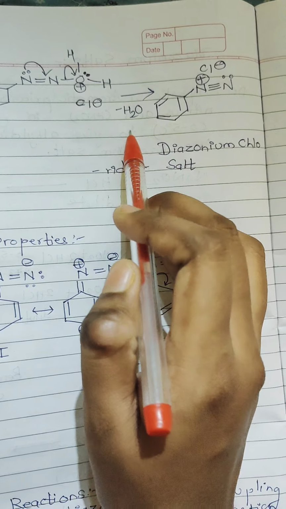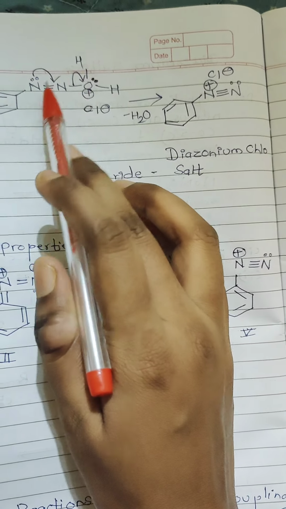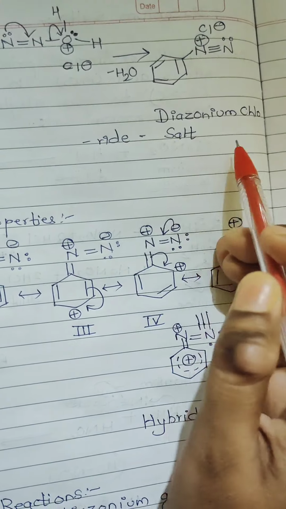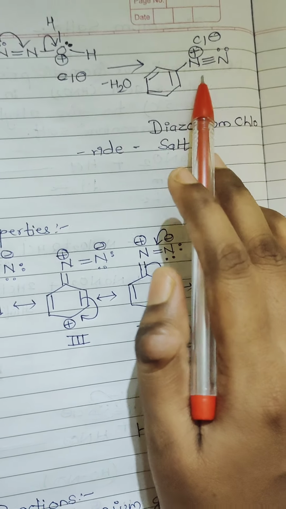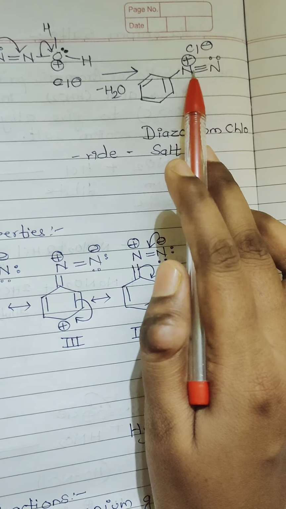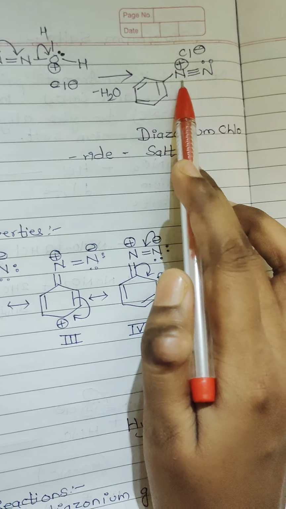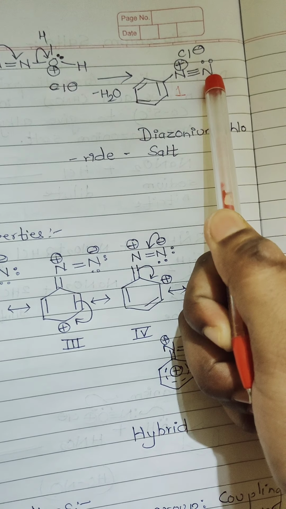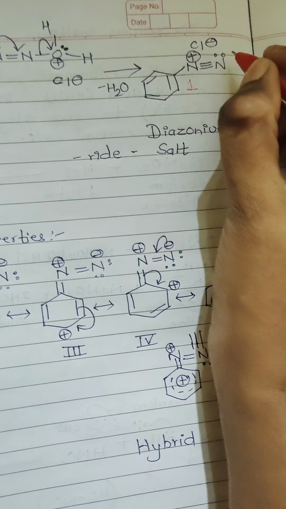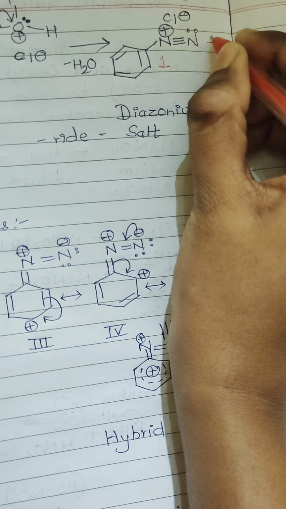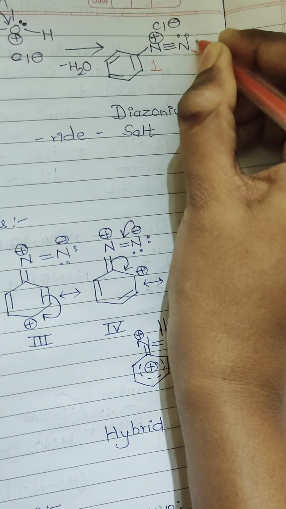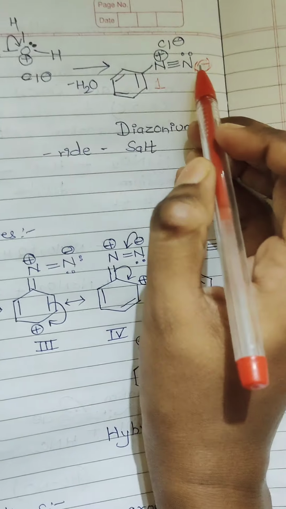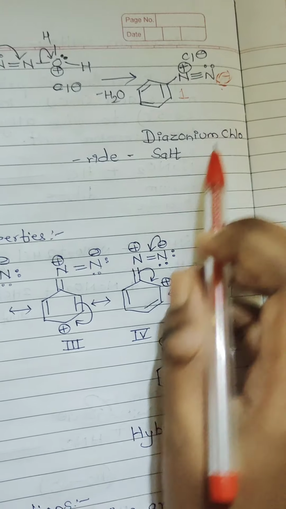OH2 is nothing but water, it gets evolved, or we get it here as a byproduct, and we'll get a diazonium salt with N triple bond N, where the first nitrogen carries positive charge and this is a neutral one, or we can write this lone pair as a negative charge, because one lone pair is equal to one negative charge.